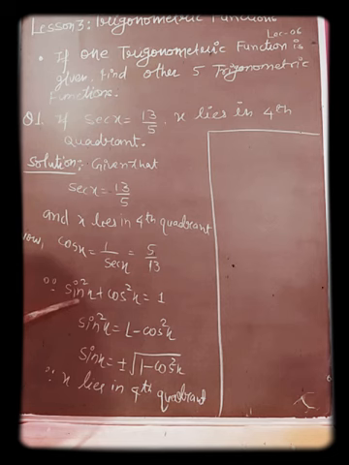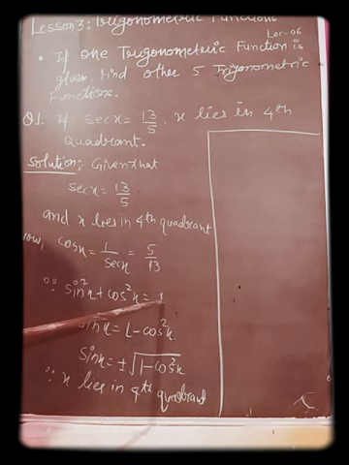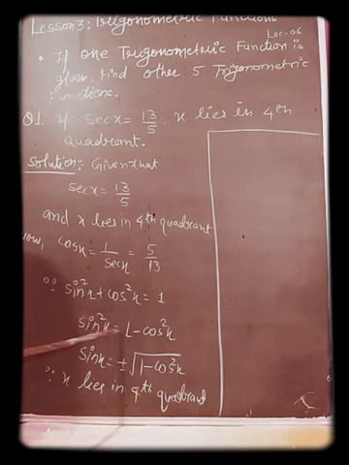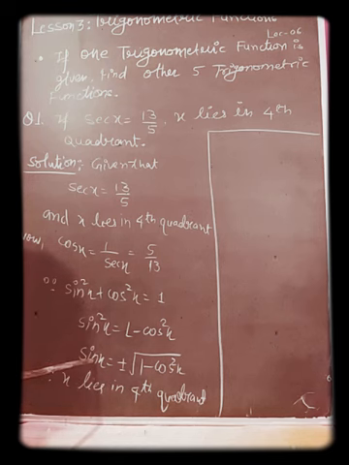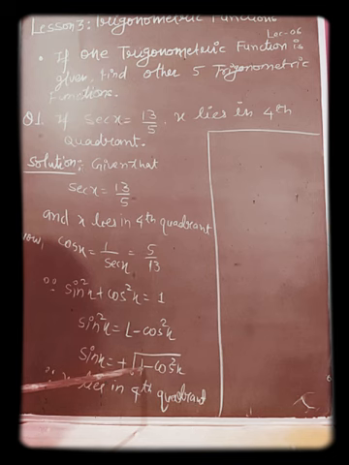So we here use sin square x plus cos square x is equal to 1. Sin square x is equal to 1 minus cos square x. Therefore, sin of x equal to plus minus root under 1 minus cos square x.